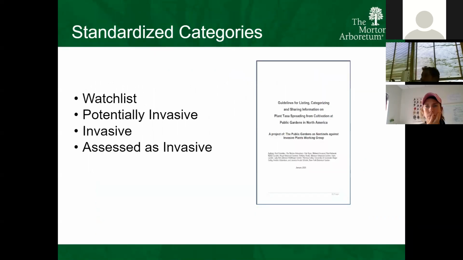Additionally, we have this document that was sent out last time with guidelines for listing and categorizing the information from our gardens. We have these four categories that we've spent quite a bit of time discussing within the working group and getting feedback on. These are pointed out here as watch list down to assessed as invasive.